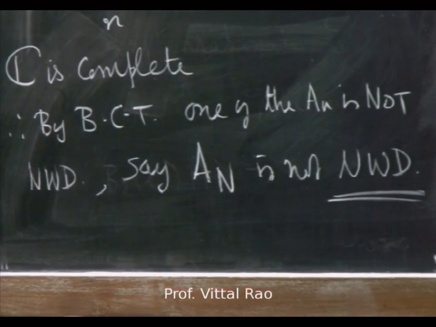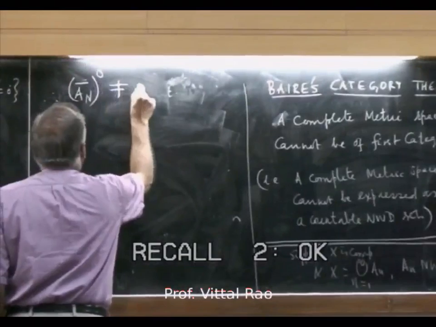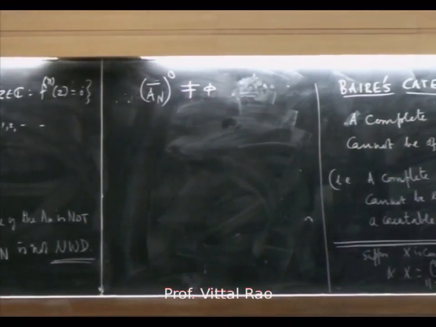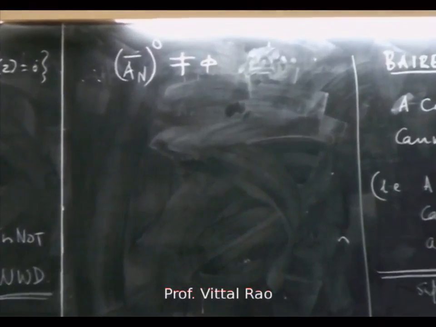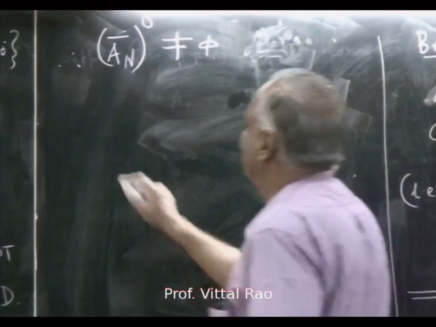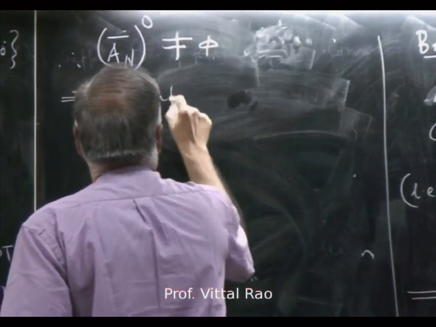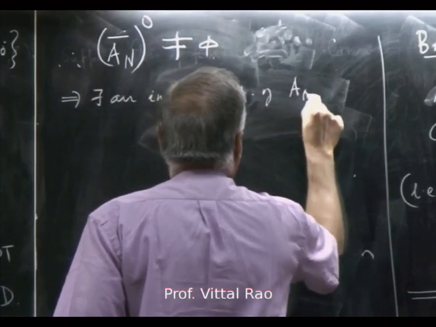That means the interior of the closure of An is not empty, because it is not nowhere dense. Nowhere dense means it is equal to empty, so this implies there exists an interior point of the closure of An.